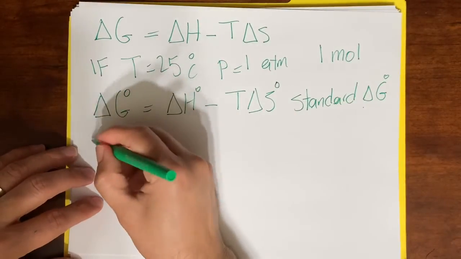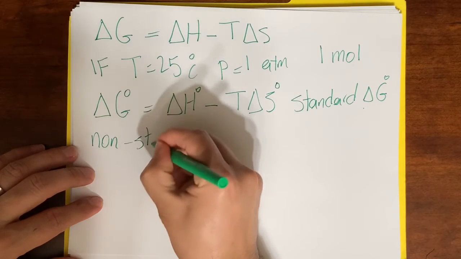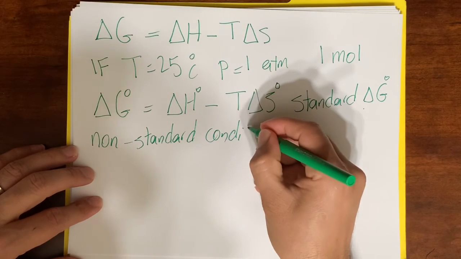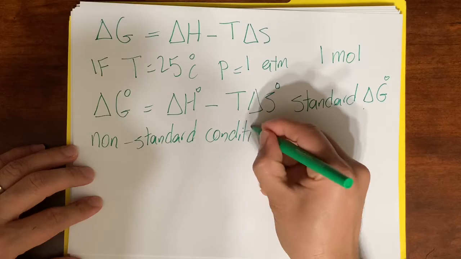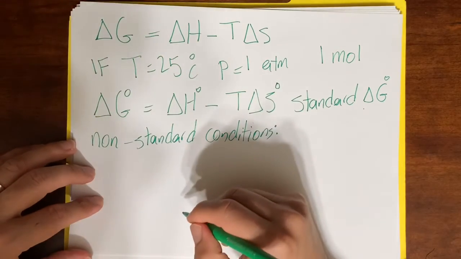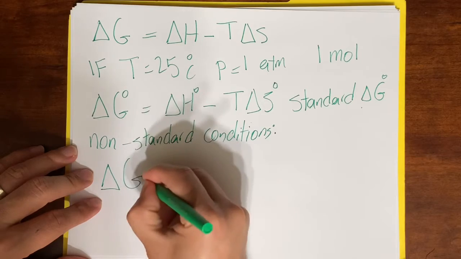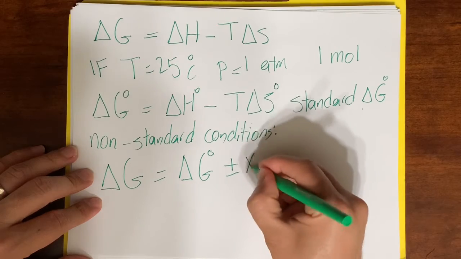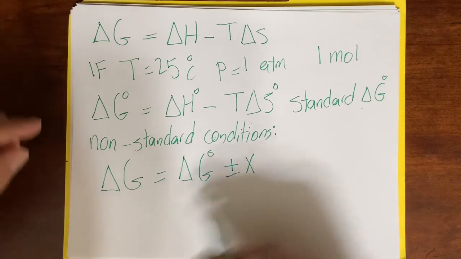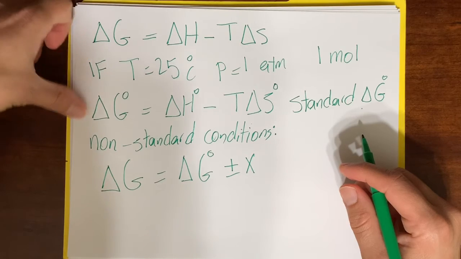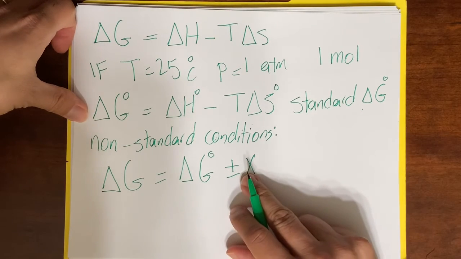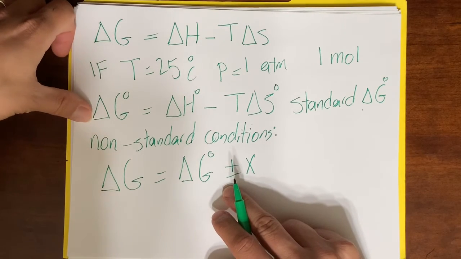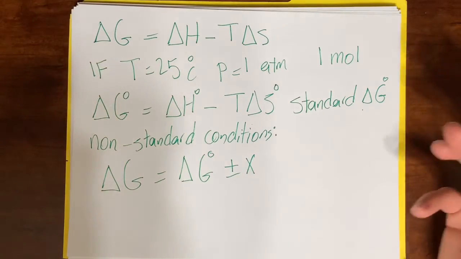For non-standard condition, I can also use this formula. Delta G is equal to standard delta G plus or minus a correction. So delta G equals standard delta G, applying a correction for it, because when you deviate from the standard condition, something will go wrong.